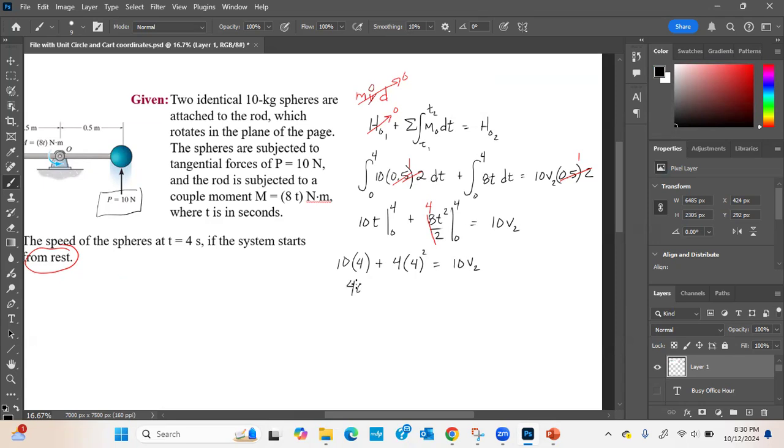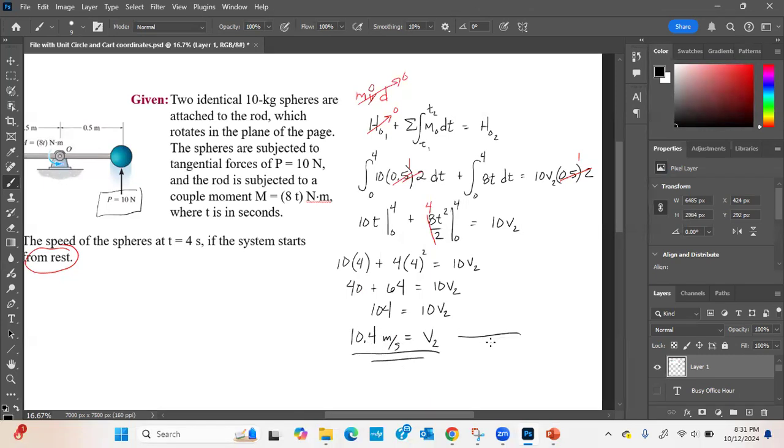So we've got 40 plus 64 equals 10 v2. 40 plus 64 is 104. Divide by 10, and we get that v2 equals 10.4, and those would be meters per second.